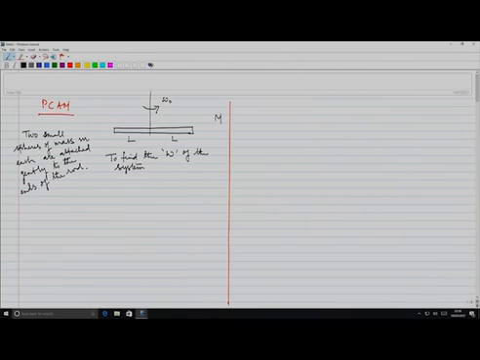Right. Now there are no external torques. So first thing we notice is that there are no external torques, so the principle of conservation of angular momentum applies.